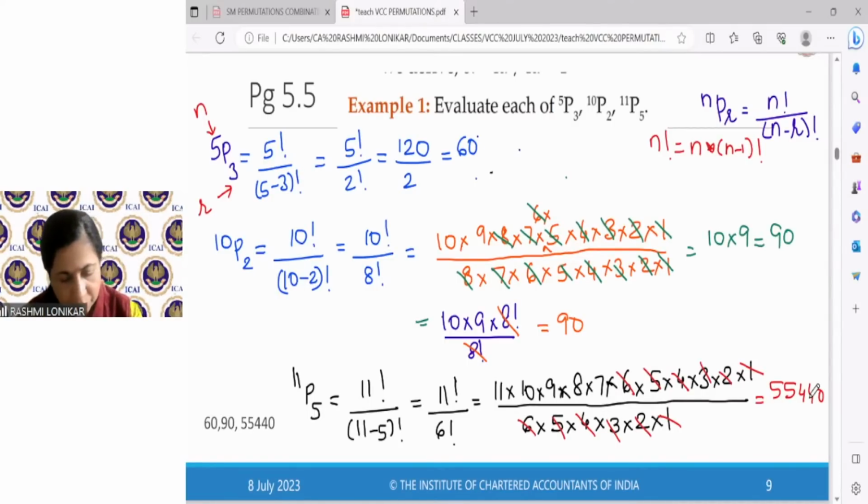So what permutation does is, from the n objects, how many sequences of the length R are we able to form? What does permutation give us? For n objects, how many sequences of the length R are we able to get?